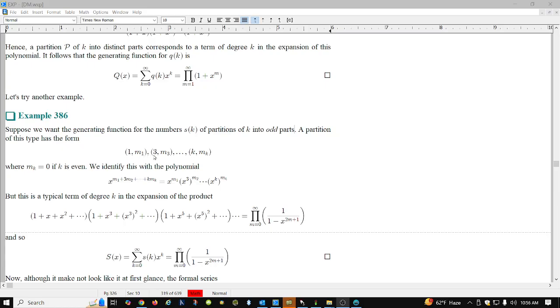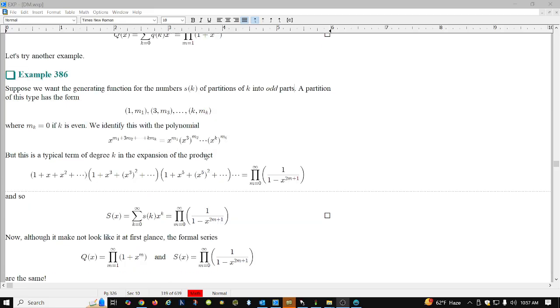The only part sizes we represent are k, and to make it simpler so I don't have to have 2 different versions depending on whether k is even or odd, I can just say m_k is 0 if k is even. Okay. And that gets identified with this polynomial.